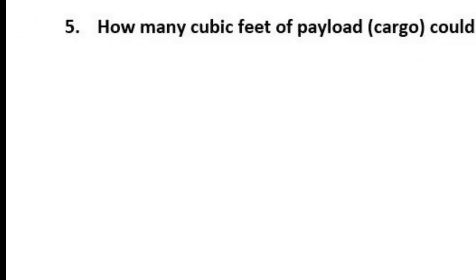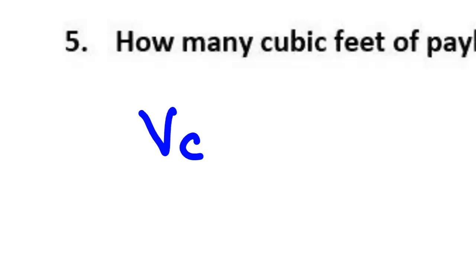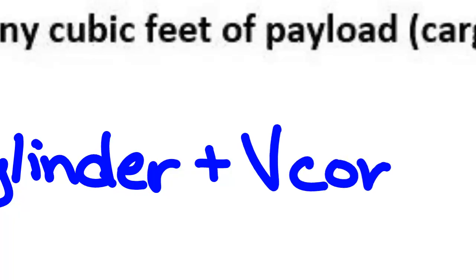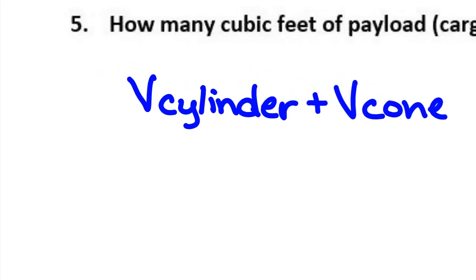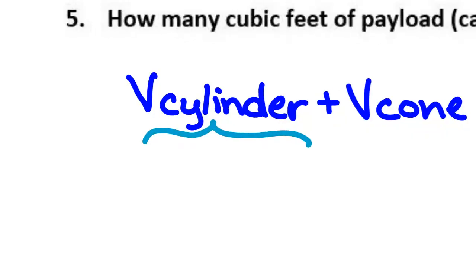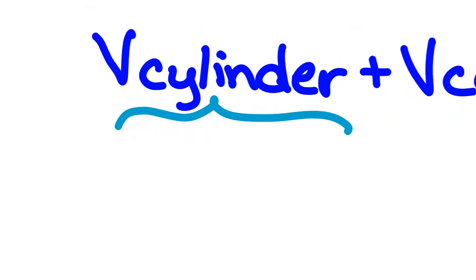So we need to do the volume of the cylinder plus the volume of the cone. How do we find the volume for a cylinder? Area of the base times the height. What shape is the base on a cylinder? Circle.